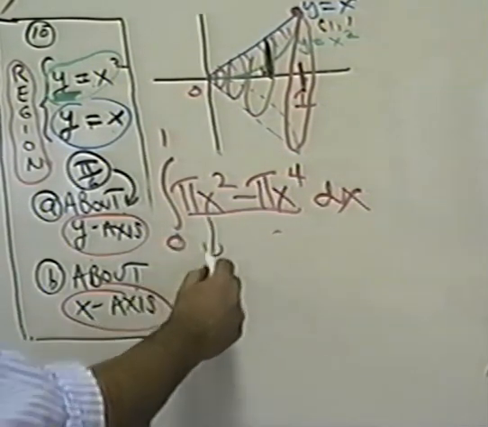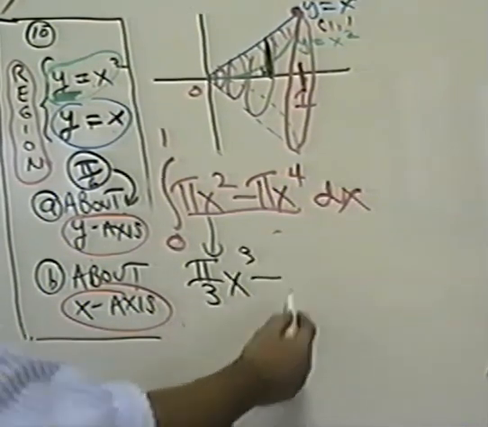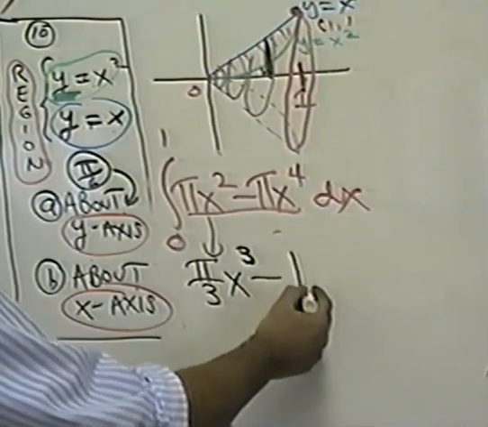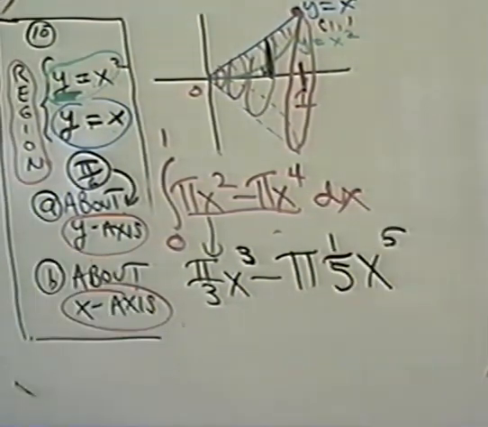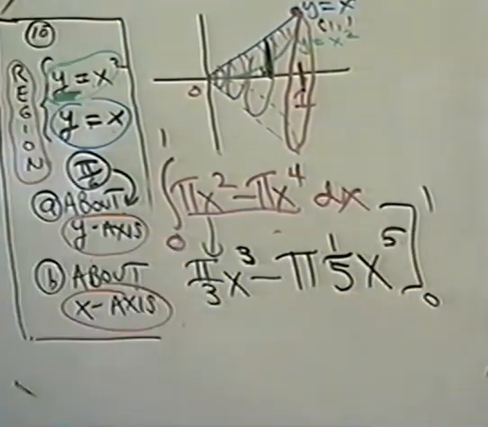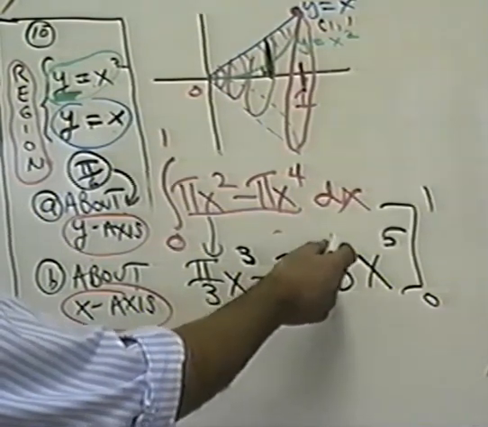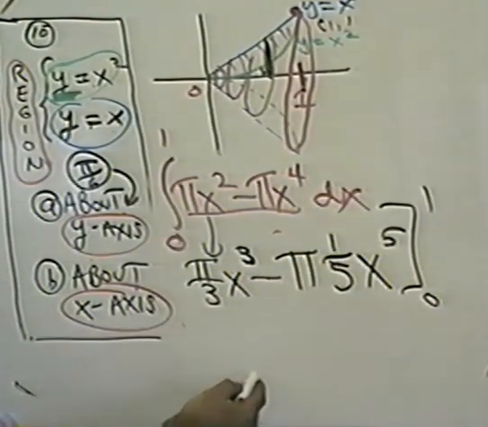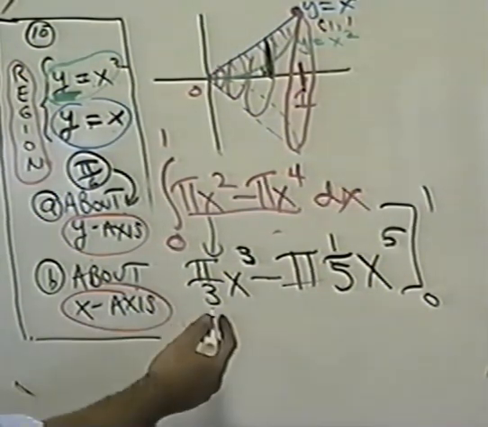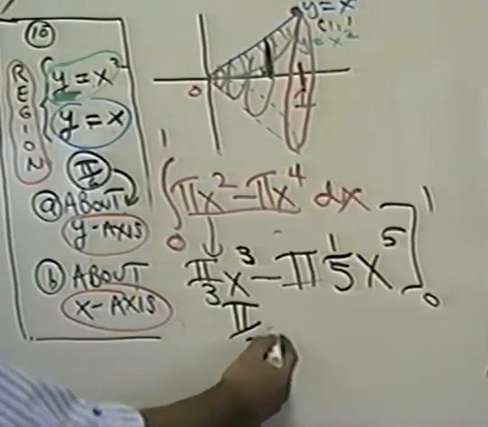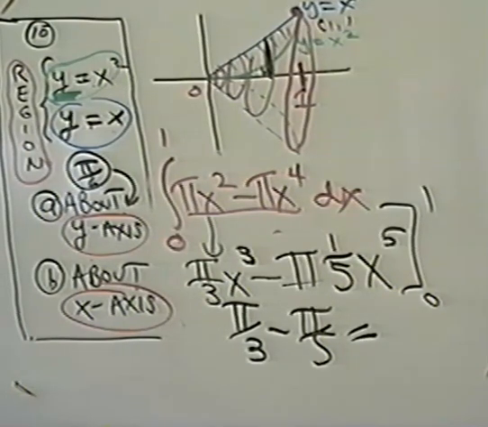This integrates as pi times 1/3 x cubed minus pi 1/5 x to the 5th. Plugging in 0 and 1, we get pi over 3 times 1 minus pi over 5 times 1. And then when you plug in 0 and subtract, the zeros all cancel, leaving us with pi over 3 minus pi over 5. Common denominator there is 15.